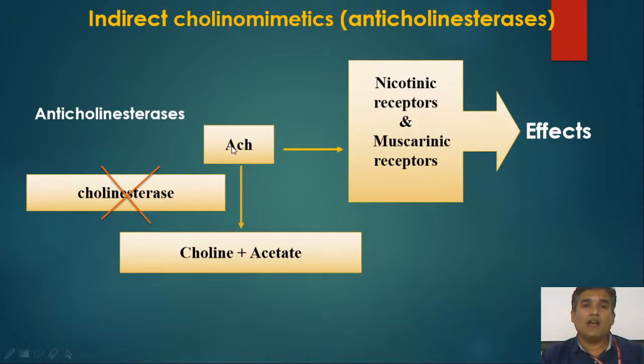Because acetylcholine exerts its effect by activating both nicotinic and muscarinic receptors, anticholinesterases exert a similar effect, acting indirectly by activating both receptors without directly binding to them. They inhibit the enzyme and facilitate binding of acetylcholine to either receptor by increasing its concentration. That is why they are known as indirect cholinomimetics.